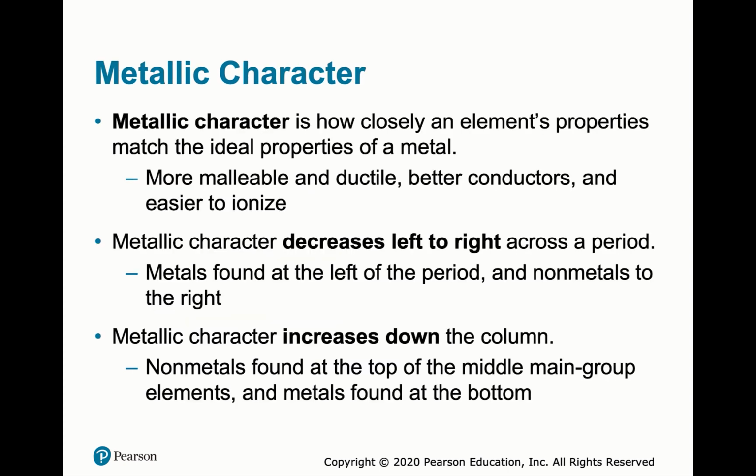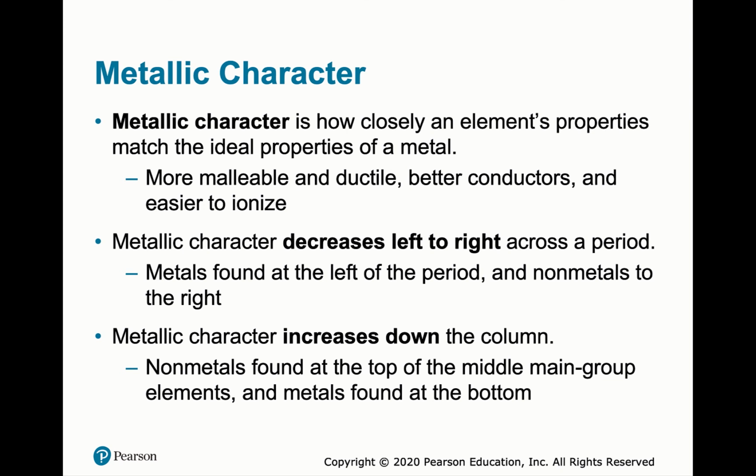Metallic character is where an element's properties tend to be more like a metal. So more malleable, ductile, better conductors, and easier to ionize. Generally speaking, as you move to the right across a period, the metallic character tends to decrease.